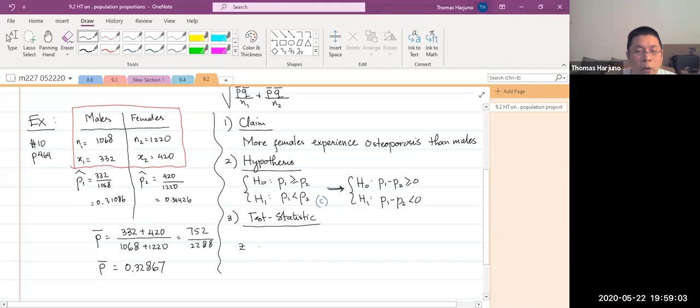Because it's on proportion, we will always use Z. On the top, I will get P hat 1 minus P hat 2.